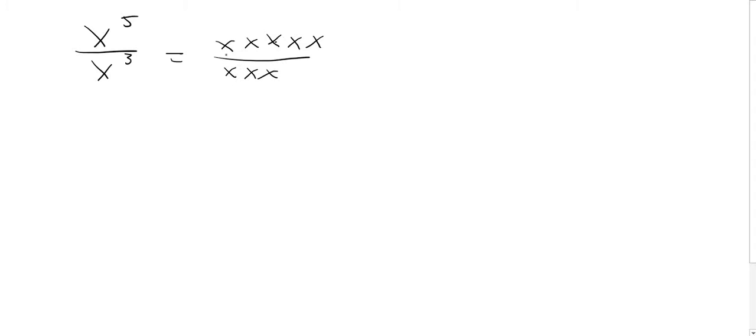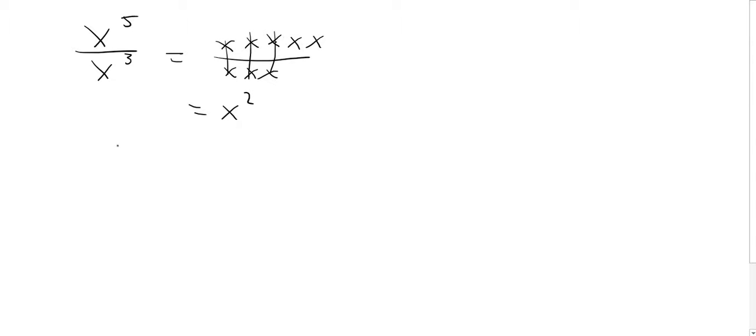And so you can kind of see why that's important, because now, if I had x to the 5th over x cubed, one way to think about this is write it out x times x times x 5 times over x times x times x 3 times, and see that the x's cancel out to just leave me with x squared.